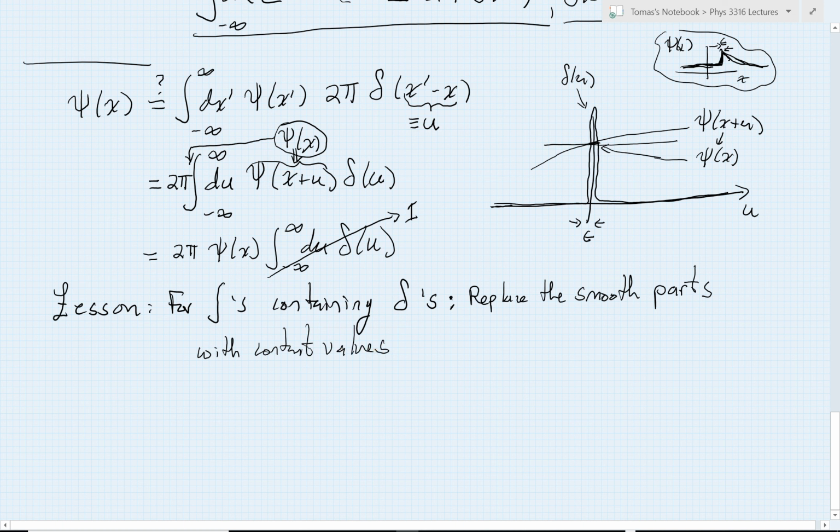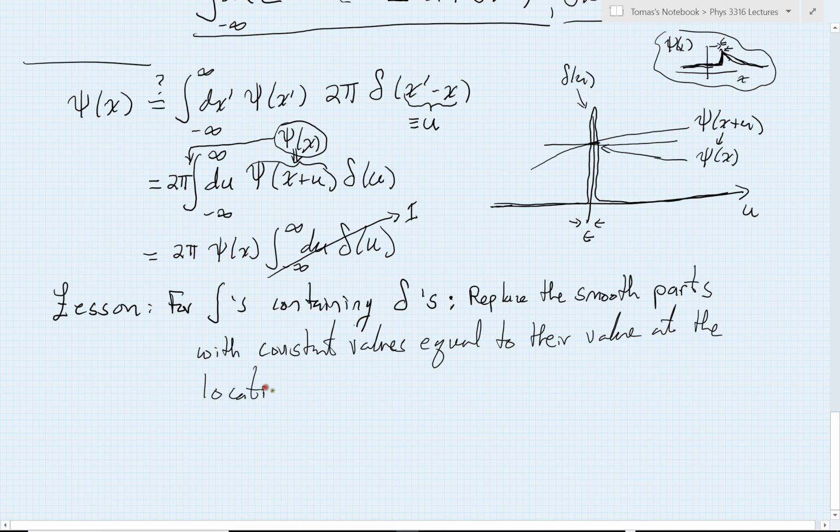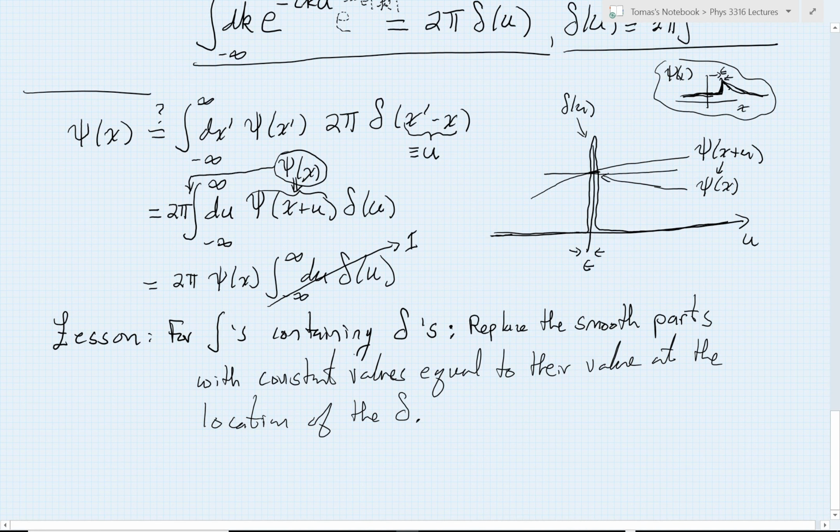And now, which constant should we choose? The values we should choose are equal to their value at the location of the peak in that delta distribution. Very important lesson for dealing with these types of distributions. Very good. Now, we are ready to begin to think about what we should do with this factor of 2 pi.